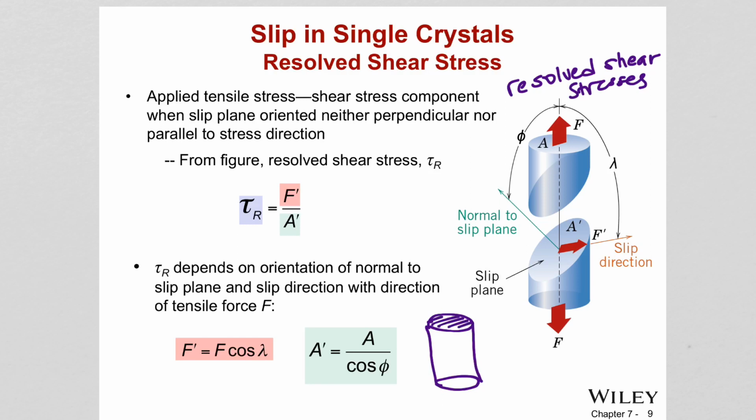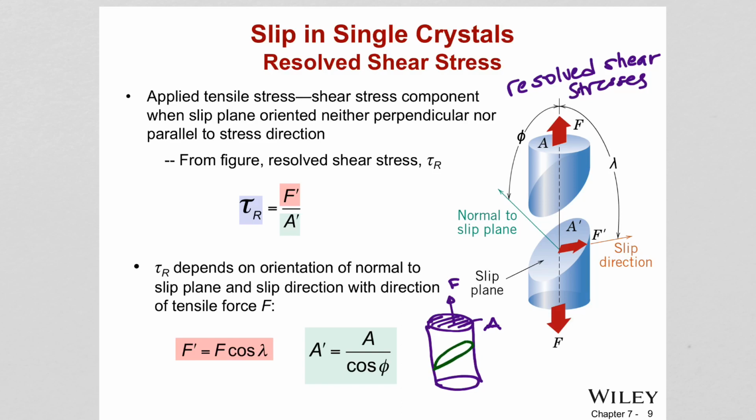This is the cross-sectional area where we apply the force, and this is A. Here we need to understand the stress component. It's not going to be perpendicular or parallel to the stress direction. It's going to be inside the material at a certain angle.